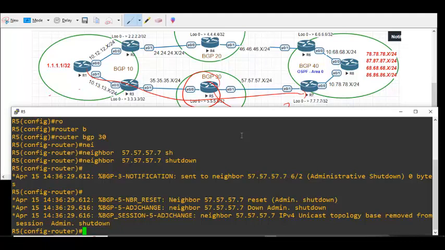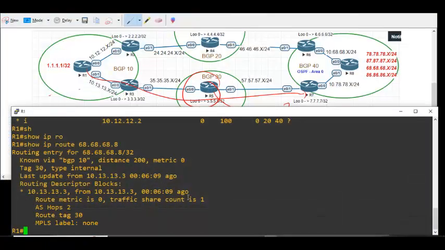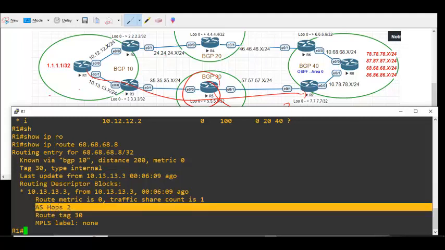After I shut down, as I said, I will take you to router 1. Earlier when we were checking, it was going through router 3, and the number of hops was 2: autonomous system 30 and autonomous system 40.